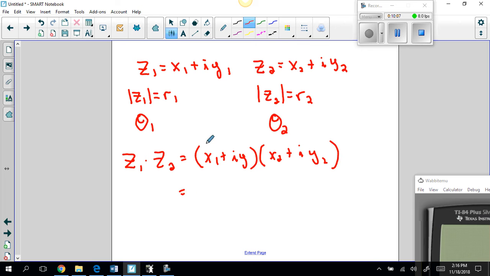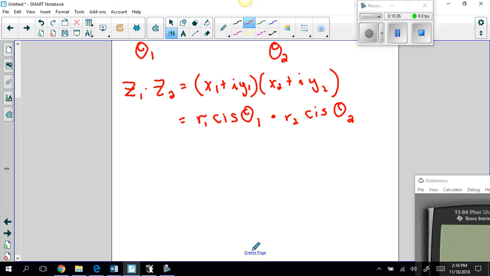But don't use that. Replace it with r1 CIS theta 1, because that's the other form I just came up with, times r2 CIS theta 2. But here's the kicker.